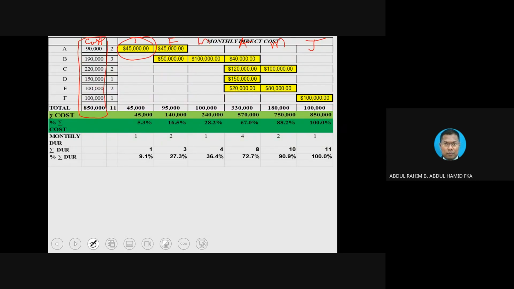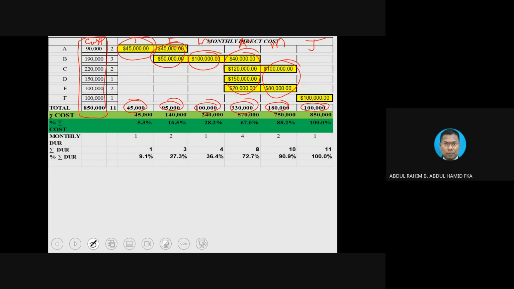It looks like the running activity is A. A will be running for one whole month. And how much is the amount? 45K. This is the amount, 45K. And then for February, this is 95K. For March, 100K. For April, you add up everything, 330. And then for May, 180. And then for June it is 100.